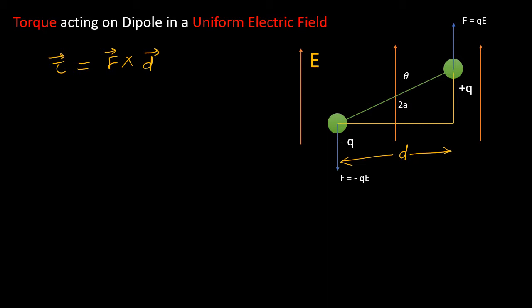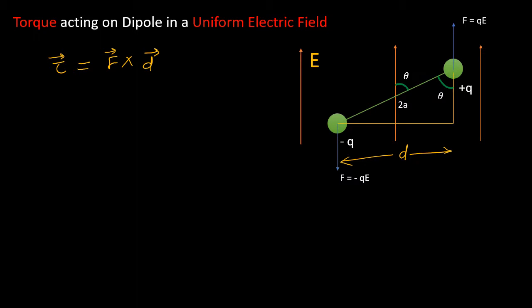As we can see, the angle between electric field and dipole is theta, and these two lines are parallel to each other. So these two angles are alternate angles and will be equal.